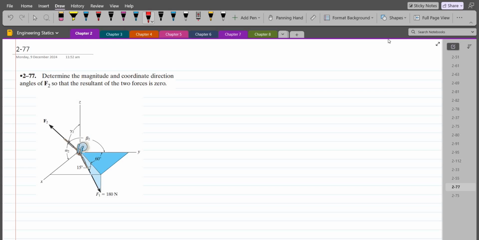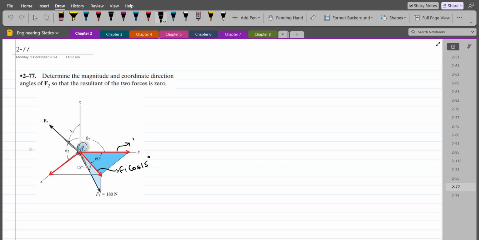For the F1 force, I have to draw its projection on the xy plane, and it would look something like this. This right here is F1 cos 15, and now I have to resolve this projection along the x and y axis. This is the component along the y axis, and this is the component along the x axis. Let's label them.